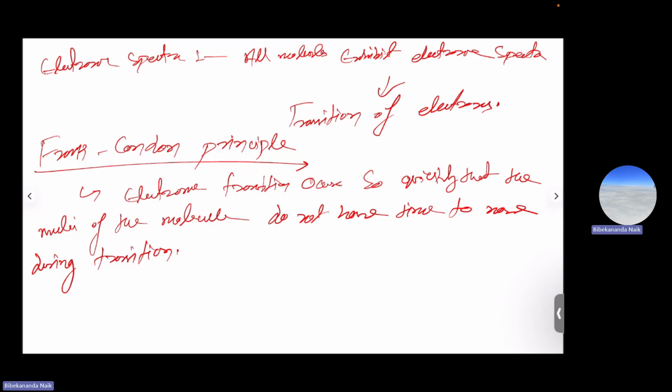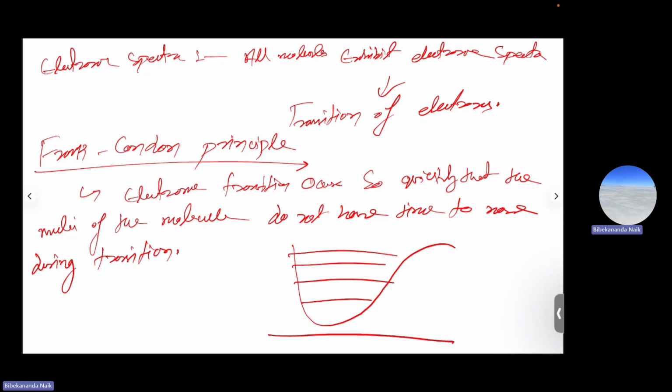Suppose we are drawing a spectral diagram. Suppose this is an electronic level, which contains a number of vibrational levels, and a transition occurs. The transition is drawn as a straight vertical line, with no change in position.